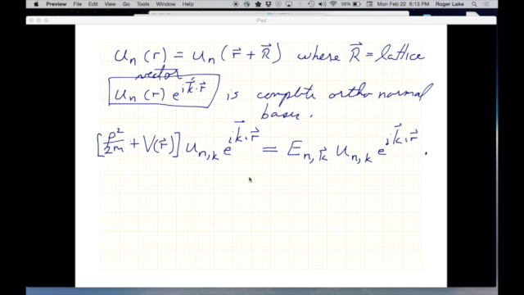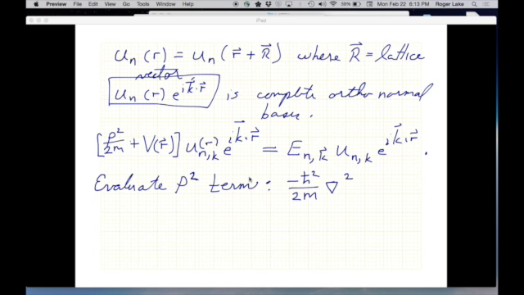And then what we do is we evaluate that p squared term, which is minus h bar squared over 2m grad squared, hitting everything to the right. Right? That's what that p squared term is. And so that acts on everything to the right. The u has some spatial dependence, and the e to the i k dot r has space dependence. So it's going to hit both of those things, right?